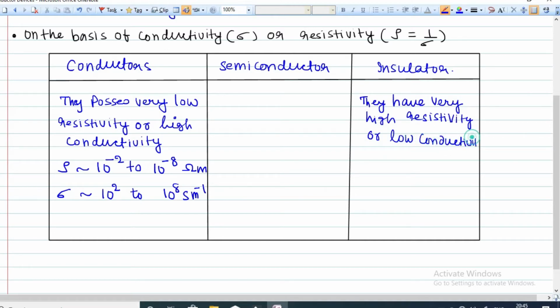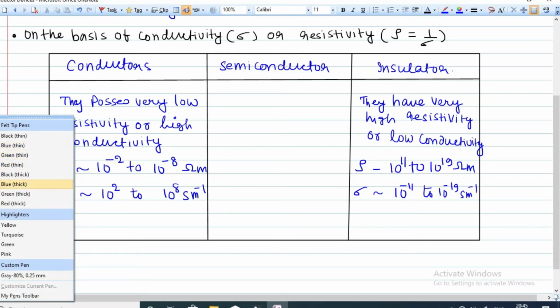The value of resistivity is 10 to the power 11 to 10 to the power 19 ohm meter, and the value of conductivity for insulators is very low. It is 10 to the power minus 11 to 10 to the power minus 19 Siemens meter inverse. Their resistivity value is very high, but their conductivity value is very low.